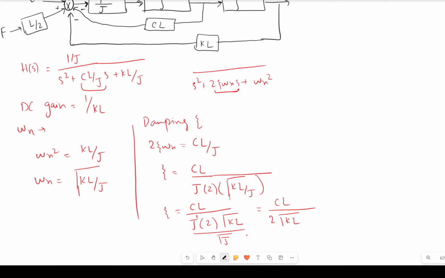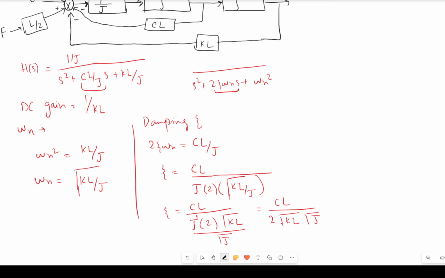This is power 1, this is power 1 by 2, so 1 minus 1 by 2 is power 1 by 2, so we get another under the root J. Okay, so this is what I have obtained.